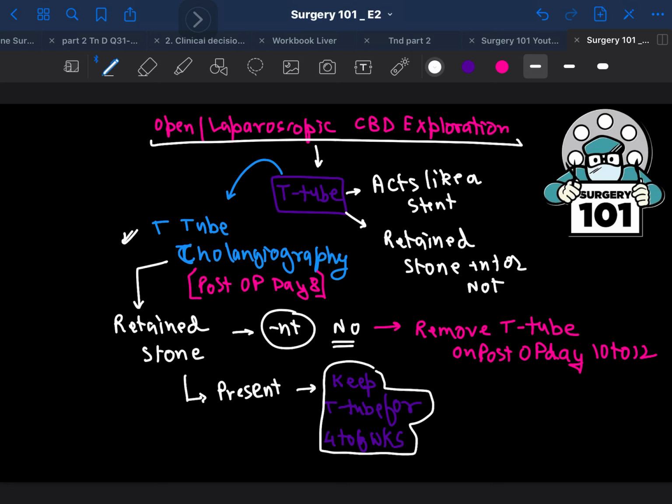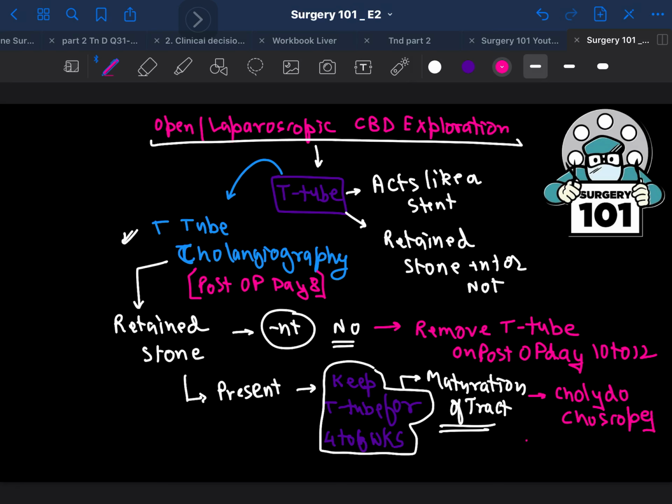Because you want it for the maturation of the tract. So you are waiting for the maturation of the tract, and once the tract is matured, you go in for a choledocoscopy and you remove the stone.